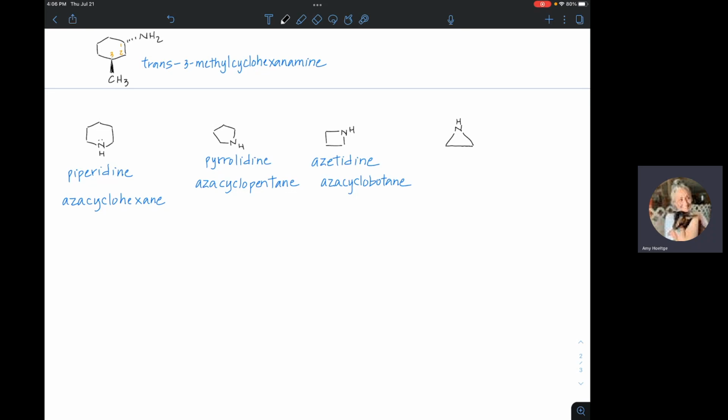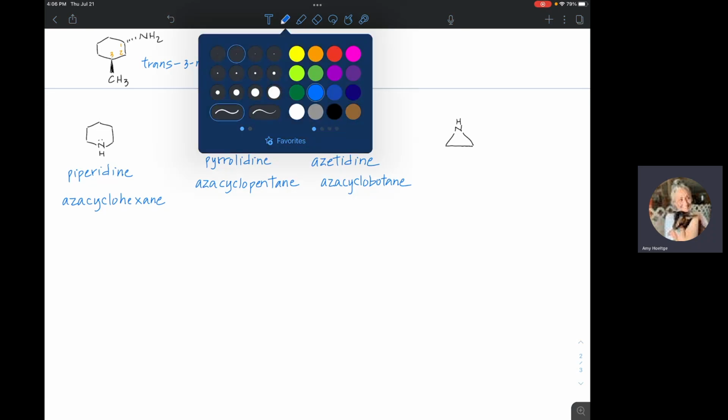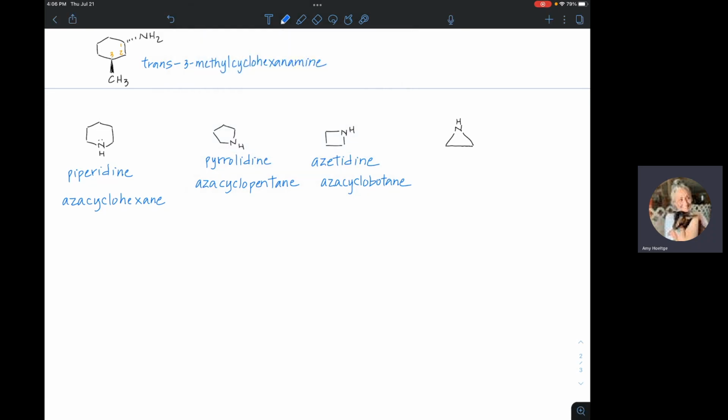We can also have a three-membered ring where one of the positions is occupied by a nitrogen. And all of these have their lone pairs, right? So this is called an aziridine. Or azacyclopropane.